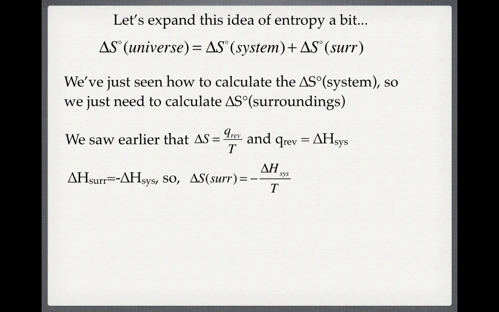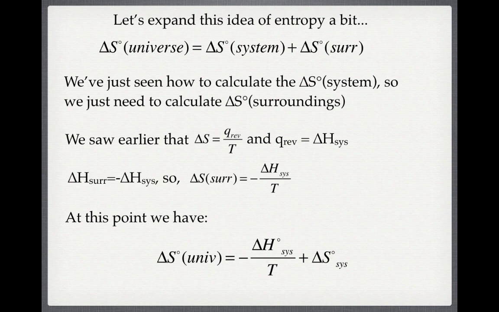The reason is any heat put out by the system had to be absorbed by the surroundings, and vice versa. Any heat absorbed by the system had to be put out by the surroundings. So this allows us to say that delta S surroundings is equal to negative delta H system over the temperature. So at this point what we've got is our delta S universe is equal to negative delta H system over T plus delta S for the system.